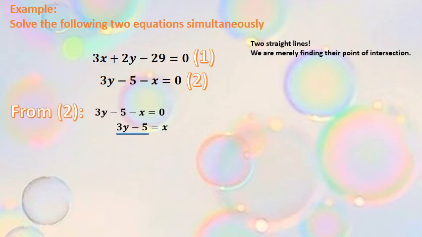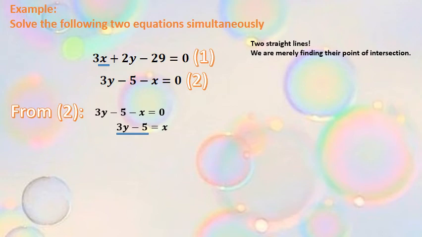I have got x all by itself, which means I have something that is equal to x, and that something is 3y minus 5. So I like to call this another appearance of x. It's x in disguise. So wherever you may see an x, we can actually replace it with what x is equal to.